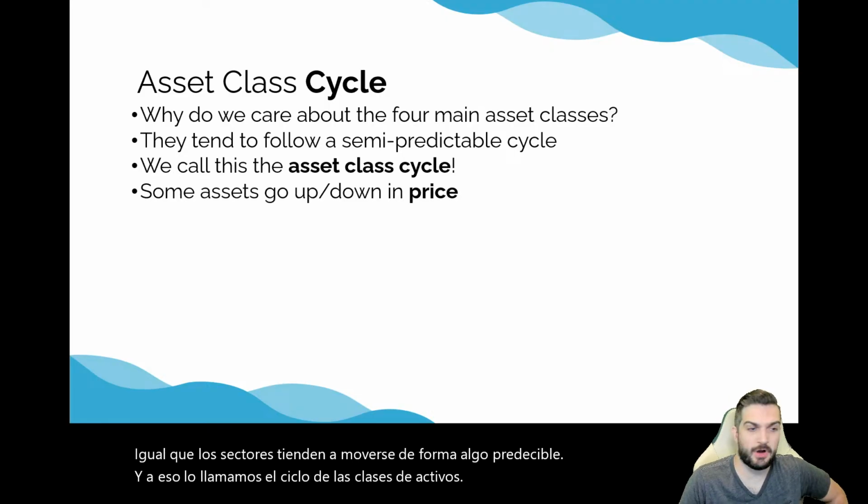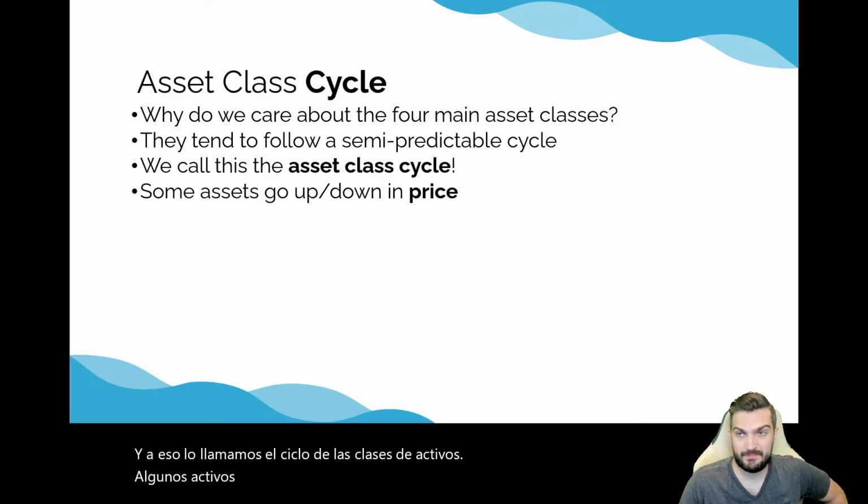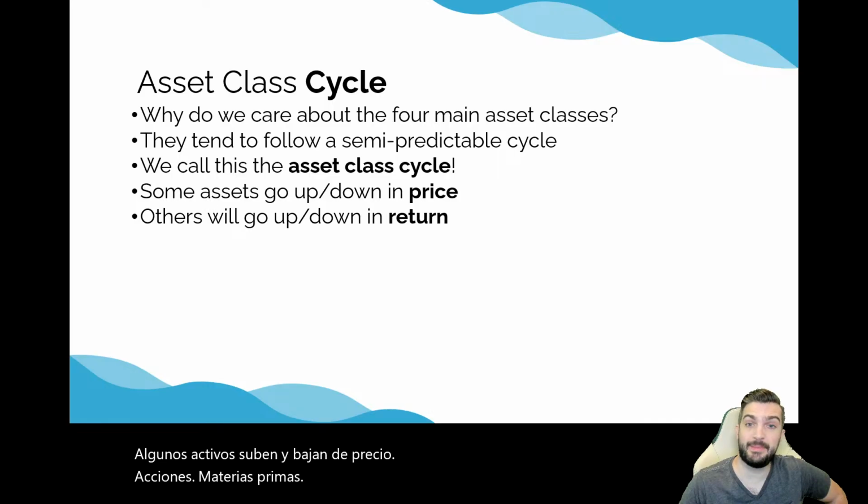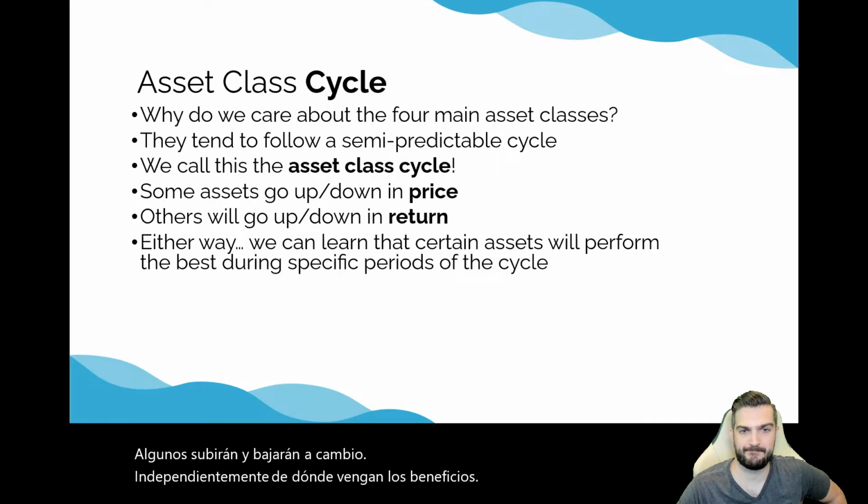Some assets will go up and down in price, stocks, commodities. Some will go up and down in return, TIPS, and bonds. Regardless of where the profits are coming from, the answer is the same.